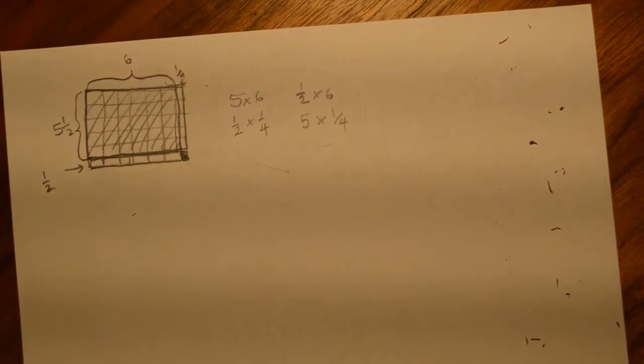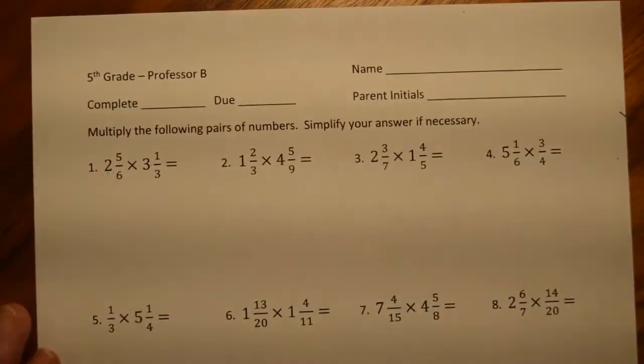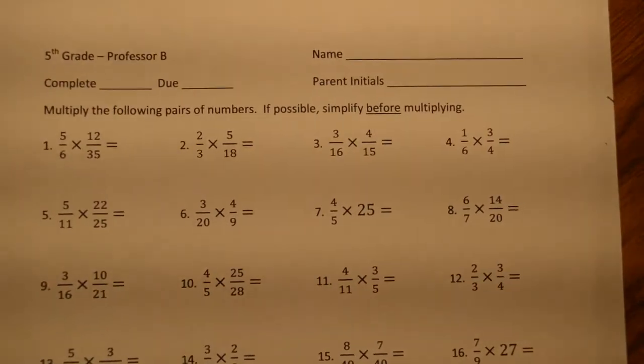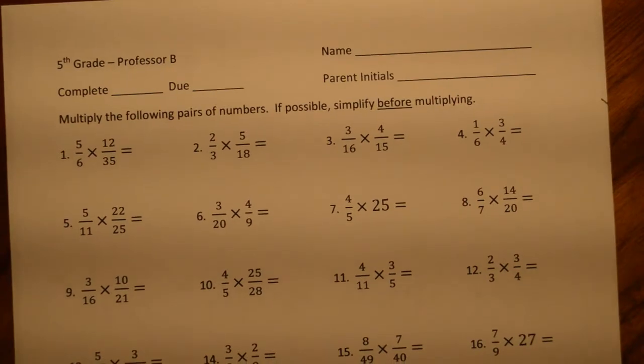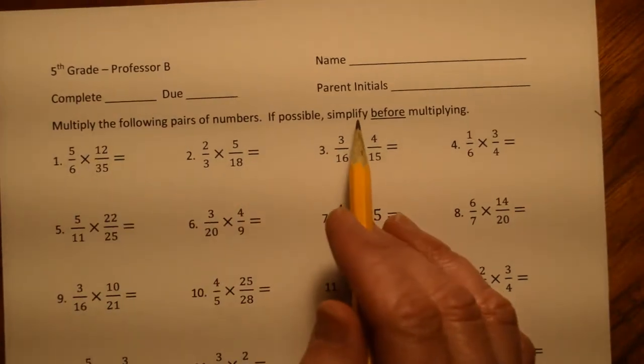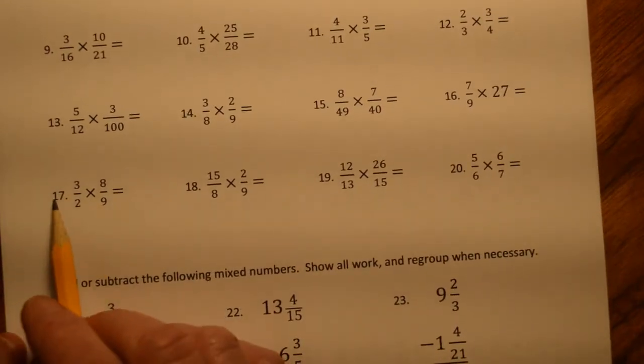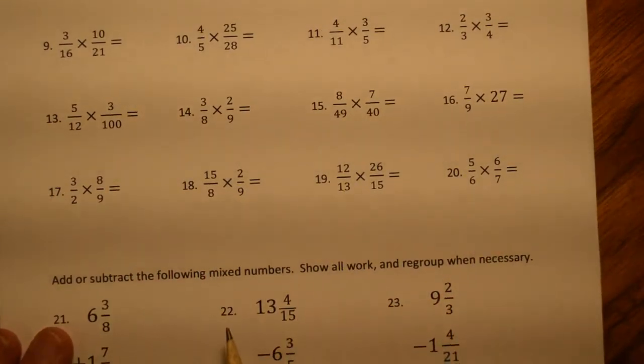So let's go back and look at another method that's a little bit easier than that. Now, I want to bring in the sheet that you were supposed to do for homework yesterday, where you multiplied pairs of numbers and simplified before multiplying. I want to draw your attention to the last row, 17, 18, 19, and 20.